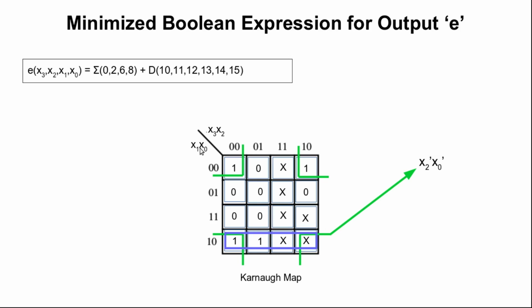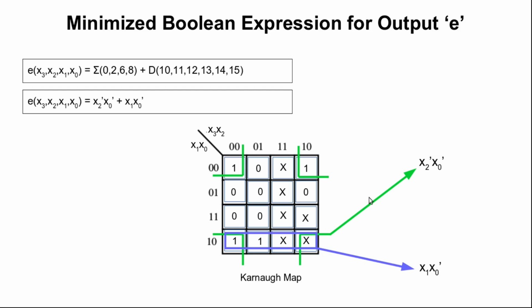So the product term will be x1 x0 prime. So we got the product term for each of the 2 groups. So now I can write the minimized Boolean expression as E equal to x2 prime x0 prime plus x1 x0 prime, the sum of these 2 terms.